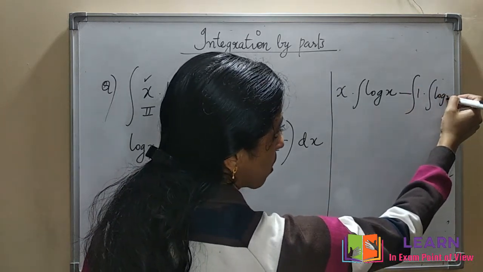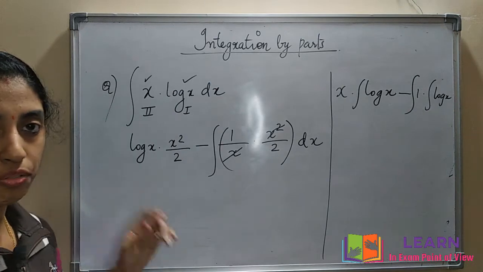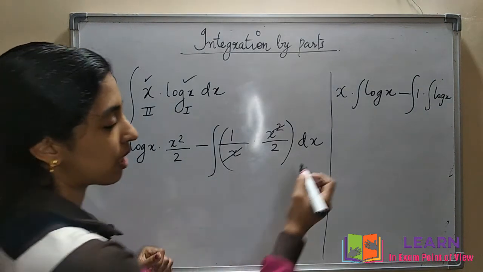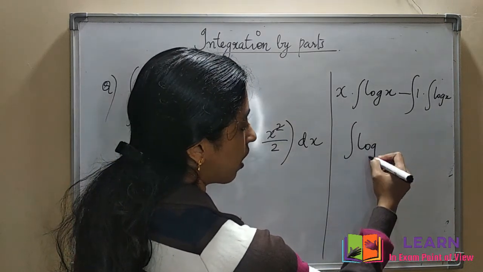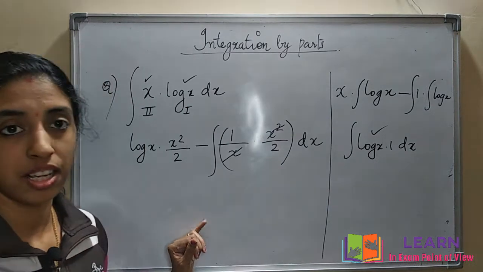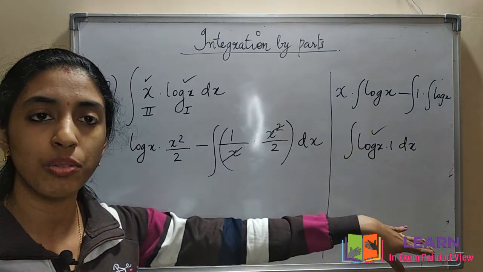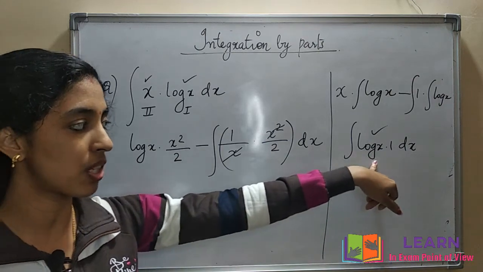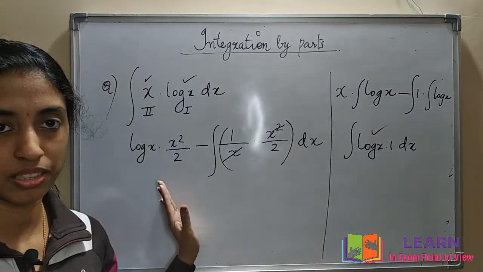Integral of log x is a little bit tough, so we will do it again as integral of log x into 1 dx using integration by parts. That is, integration by parts is coming again. I will do this once again if you don't know. First we will complete this.